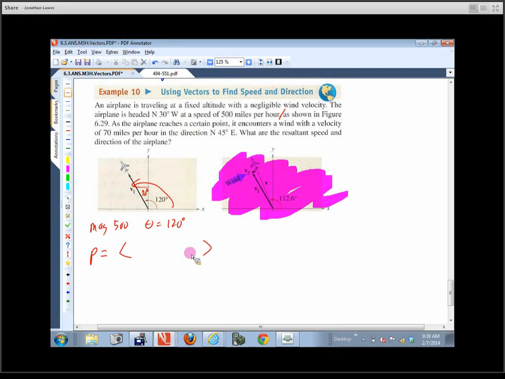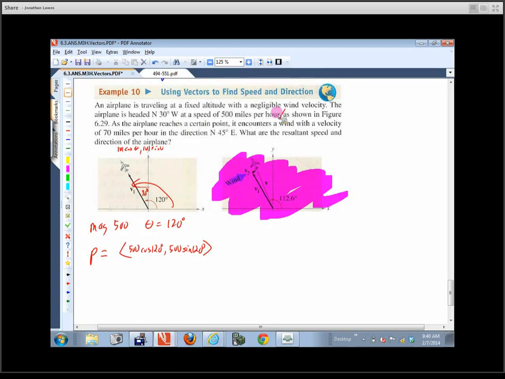And in the right order, cosine and sine, right? Okay, so we had this little formula that said the vector would be the magnitude times the cosine of the angle, comma, the magnitude times the sine of the angle. So this is going to be 500 times the cosine of 120 and 500 times the sine of 120. That's the airplane, right?